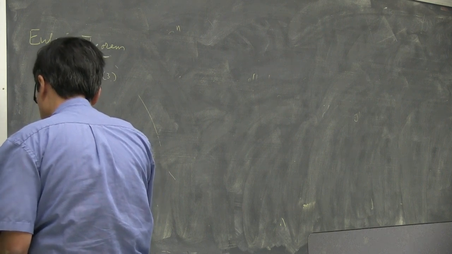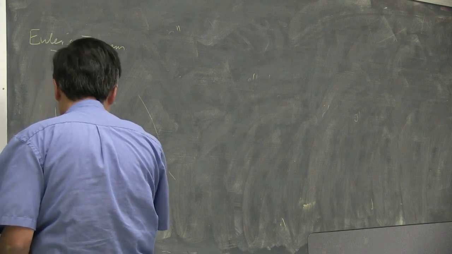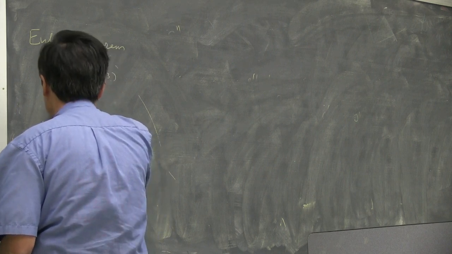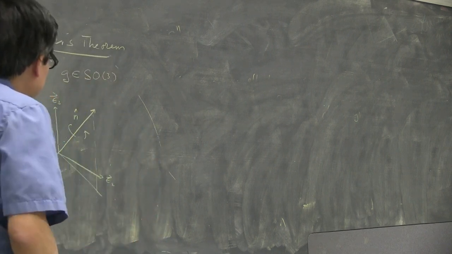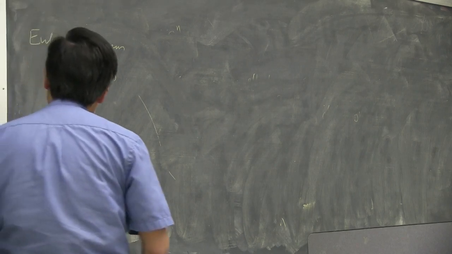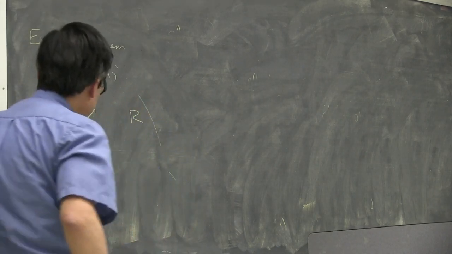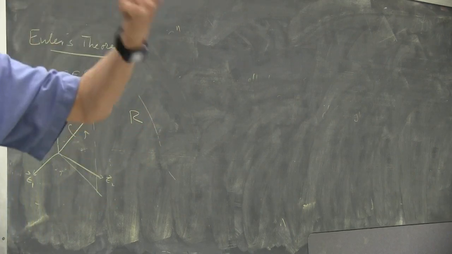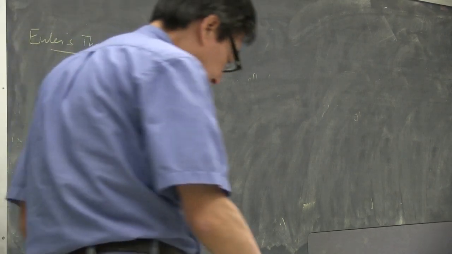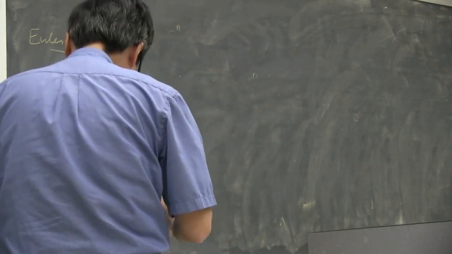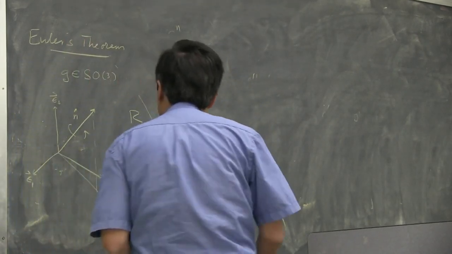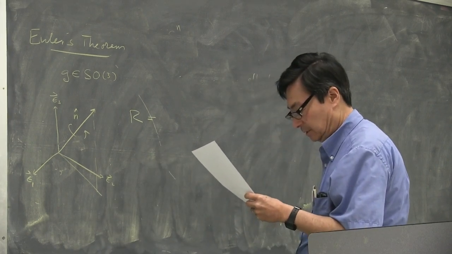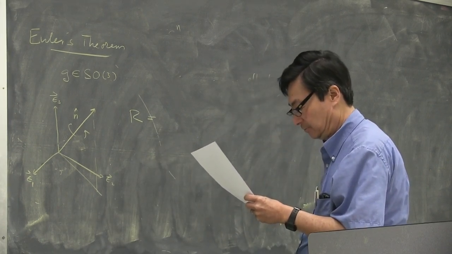Supposing I call this the first axis, I call this the second axis, I call this the third axis, and R is a particular rotation about a certain axis pointed in a certain direction, and the rotation angle is such and such. It can always be written as three successive rotations.